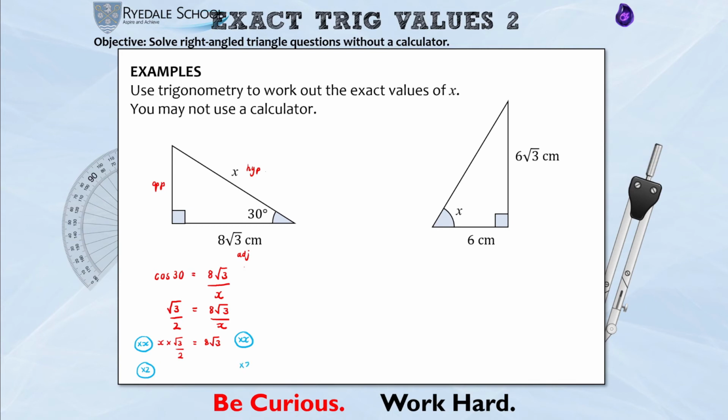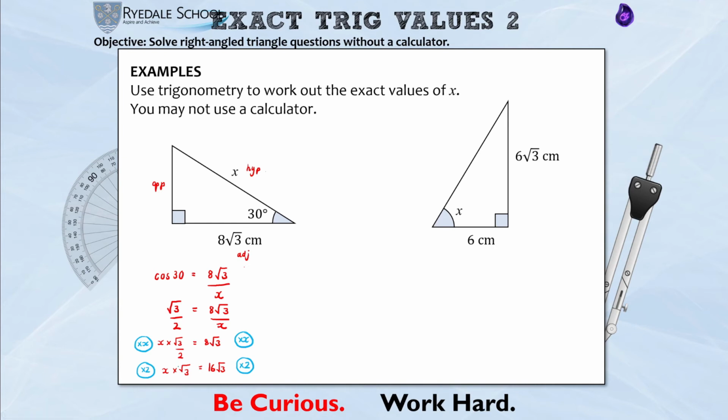If I multiply both sides by 2, I will get rid of the divide by 2, so I will just have x times root 3. And 8 root 3 times 2 is 16 lots of root 3.